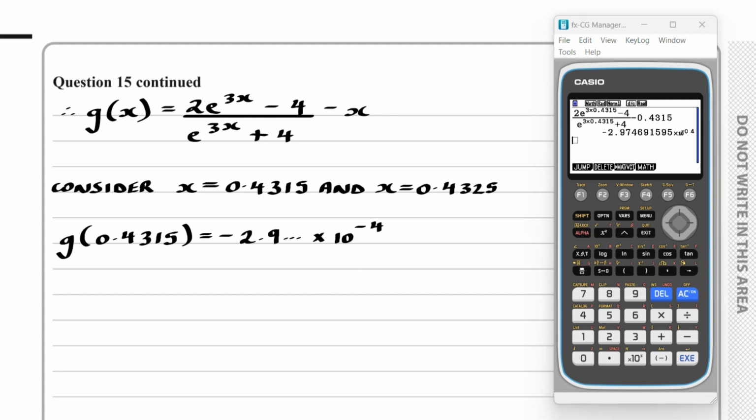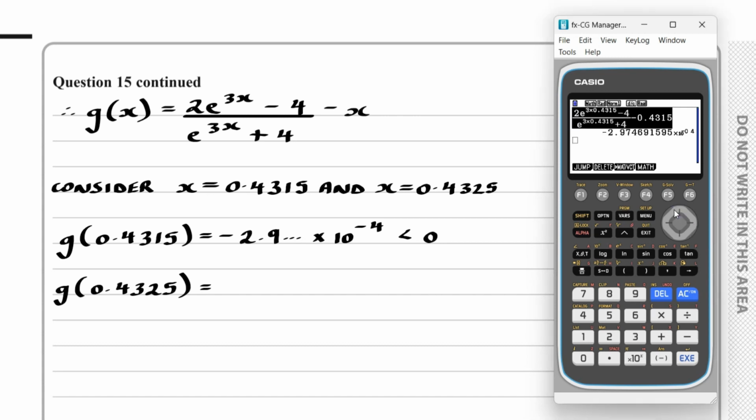So it turns out we get negative 0.29 etc. times 10 to the negative 4, which is less than 0. And if I consider g of 0.4325, if we work out what this is equal to, we end up with 9.4 etc. times 10 to the negative 4.